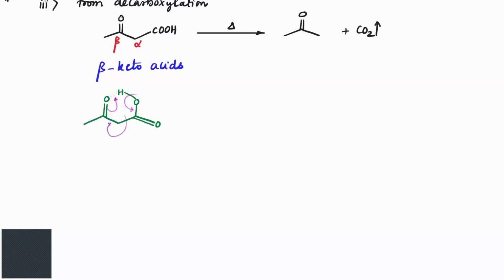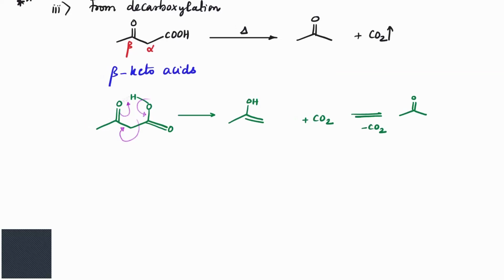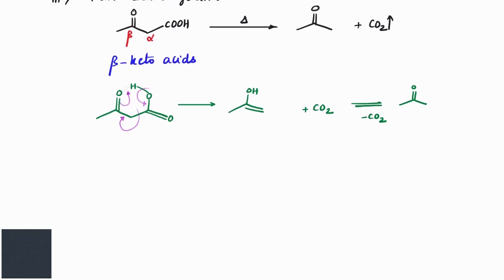This bond will break and convert into a double bond form. As that happens, we will get a double bond and OH, which is an enol form, and carbon dioxide. This enol form will convert into the keto form. That's how you will get ketones from beta keto acids.